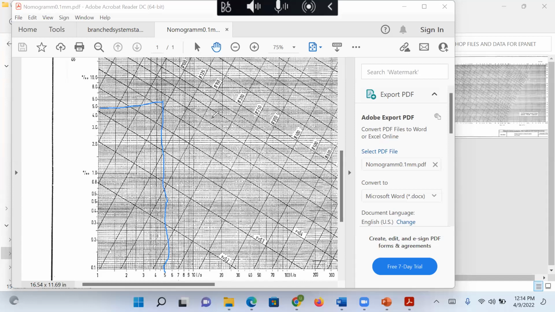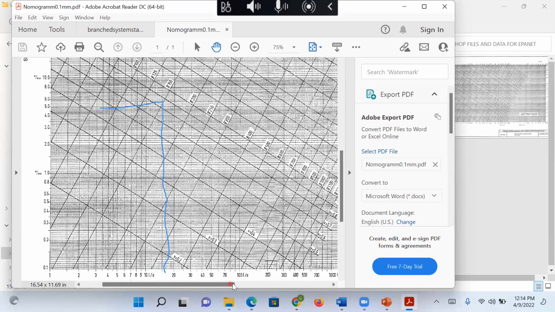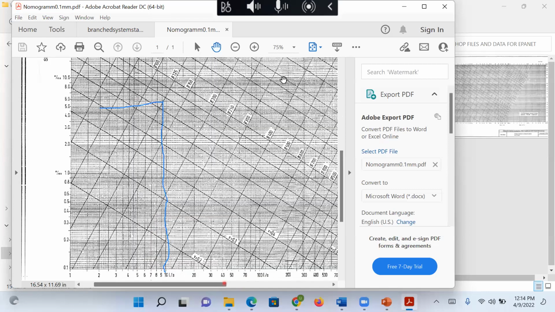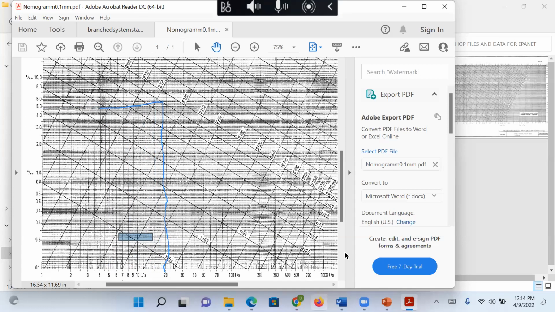The discharge is here. If you go down here, you get the slope, and the velocity is 0.6 here.